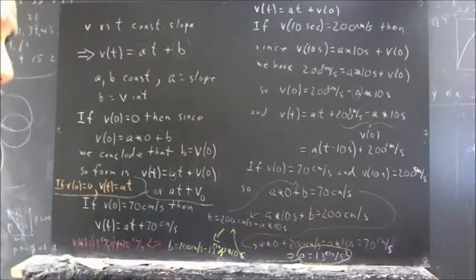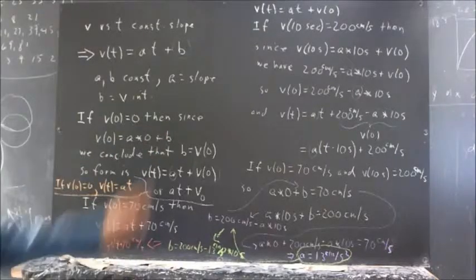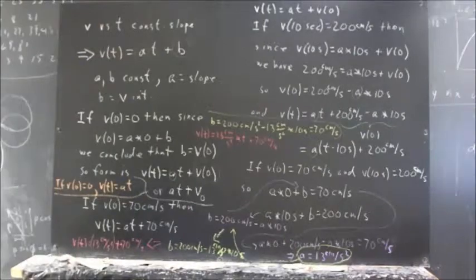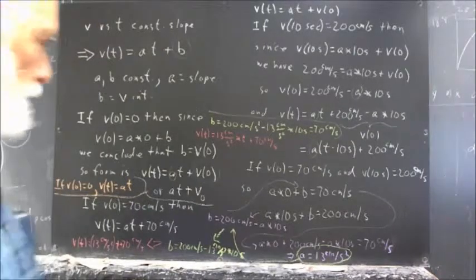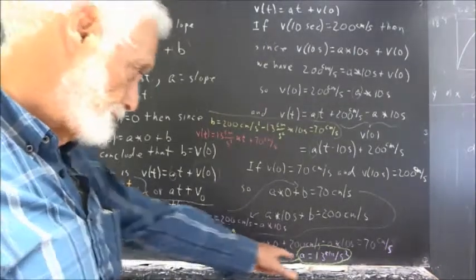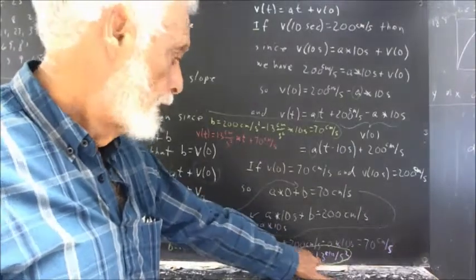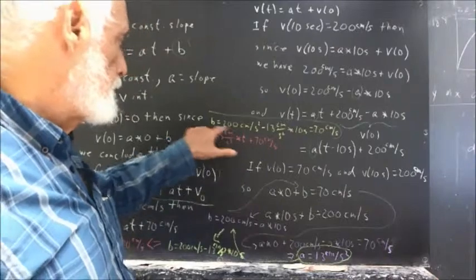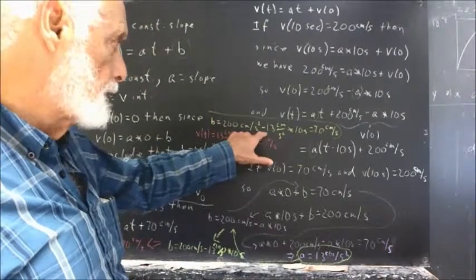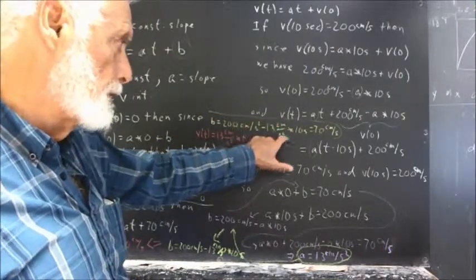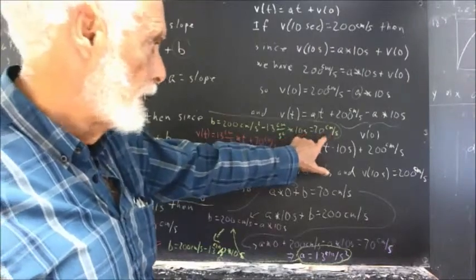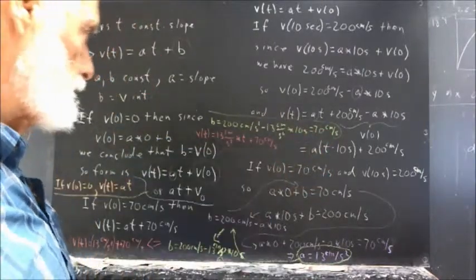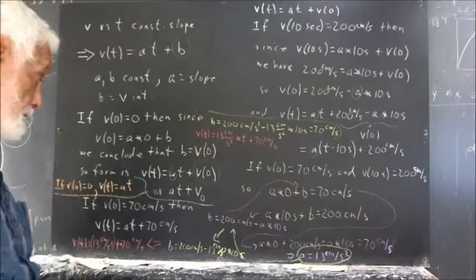Some of this is a little hard to read, but it's very straightforward, and you should be able to do it. But let me just write a couple of final results on the board to make sure. I've had to write it a little smaller than I'd prefer, but this equation here just comes from plugging our 13 centimeter per second squared value for a into this expression. We have 200 centimeters per second minus 13 centimeters per second squared multiplied by 10 seconds, and you can verify that it comes out 70 centimeters per second.